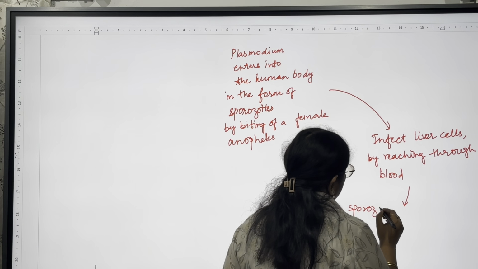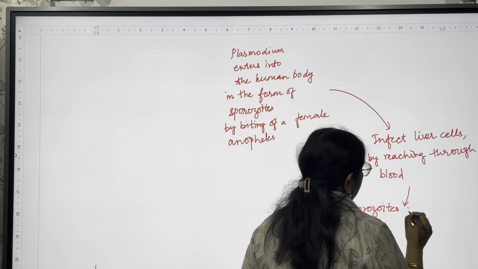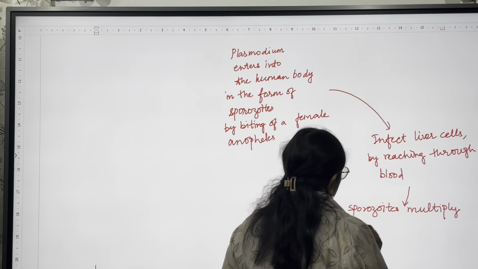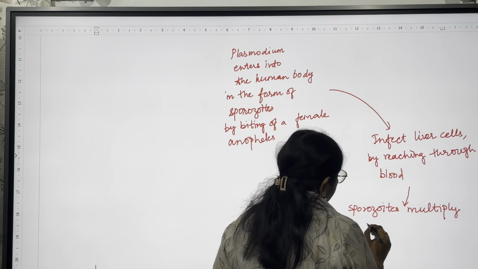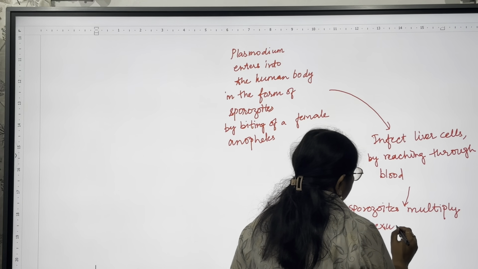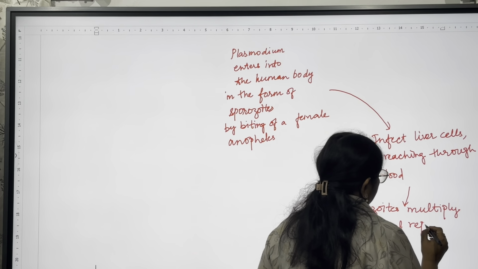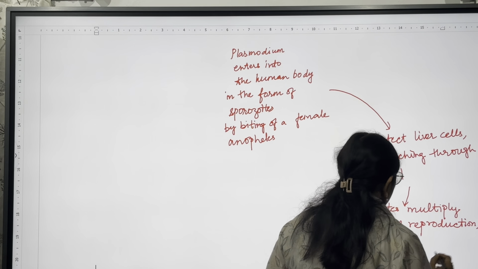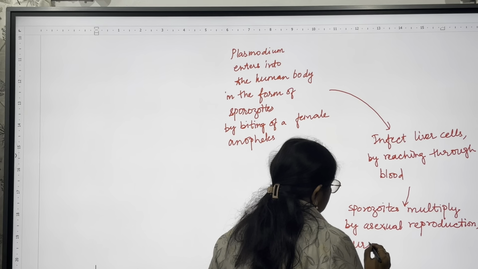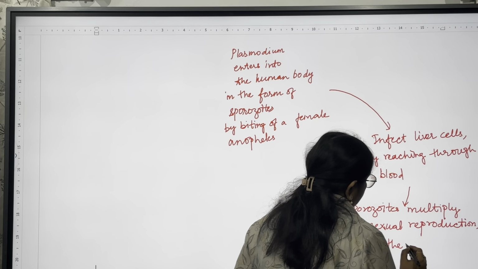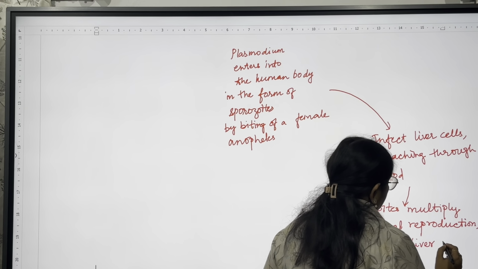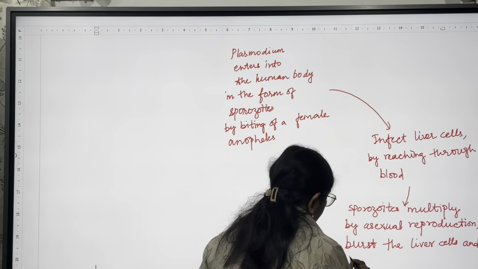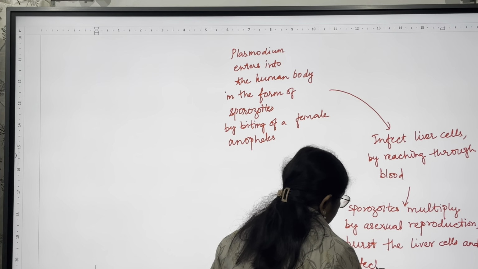Sporozoites multiply by asexual reproduction, burst the liver cells and infect RBC.